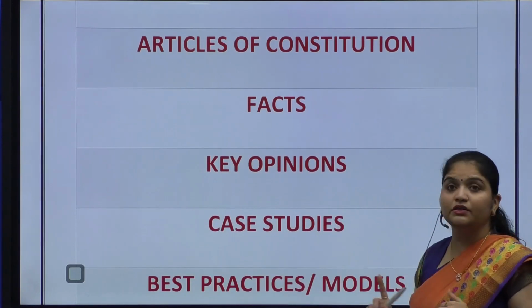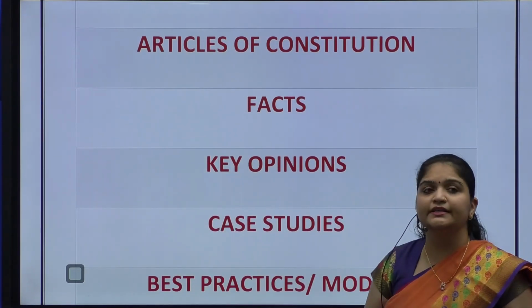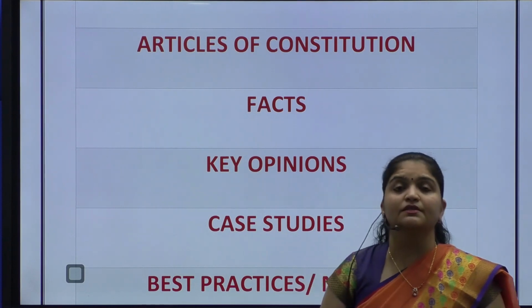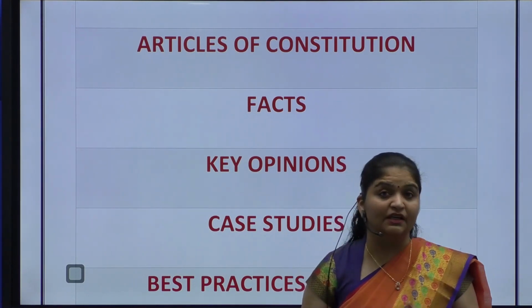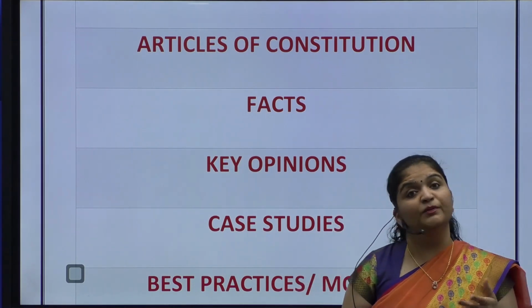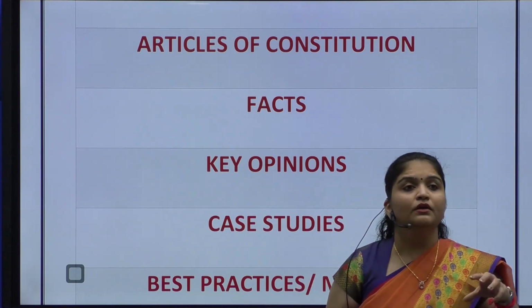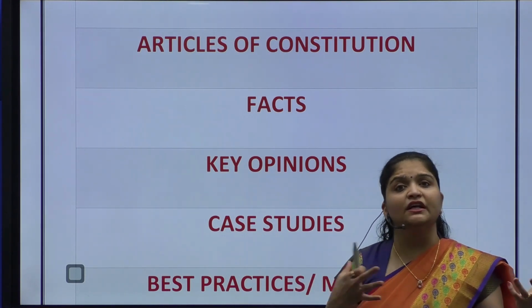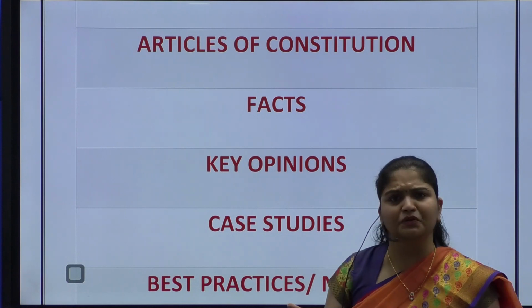Then the facts on issues: criminalization of politics, what are the bases for regional parties, what are the RPA issues? You have to remember those as well, है ना? Then, for example, poverty and hunger has been asked continuously.